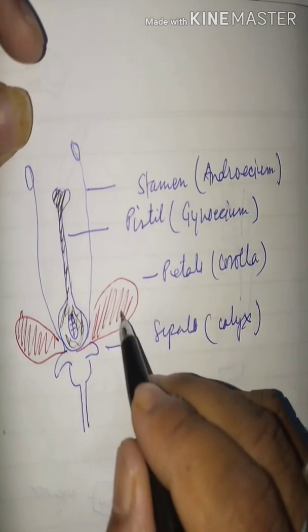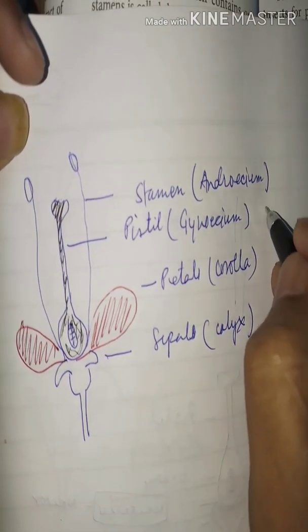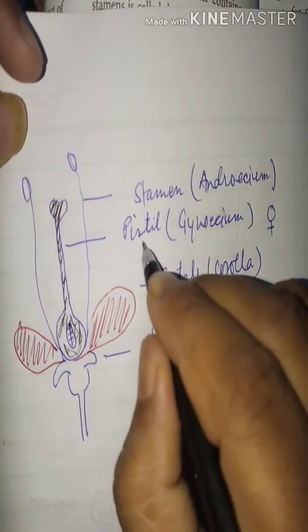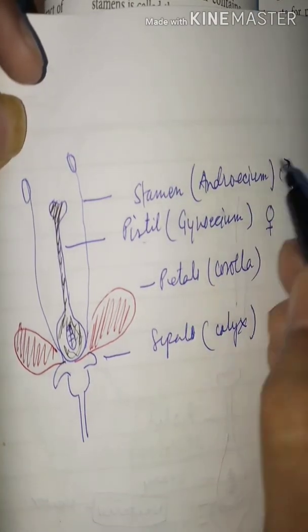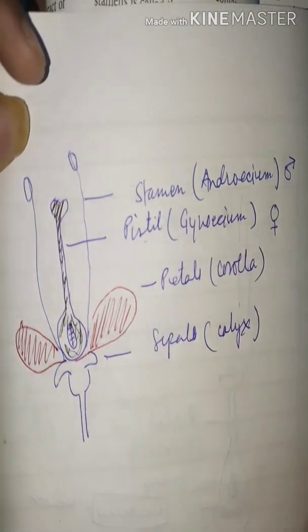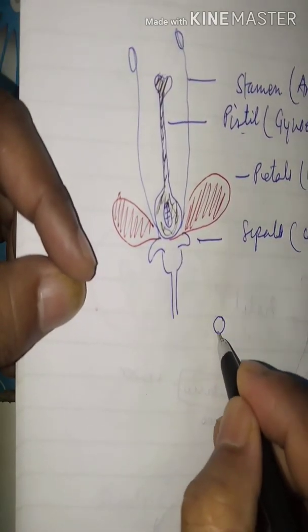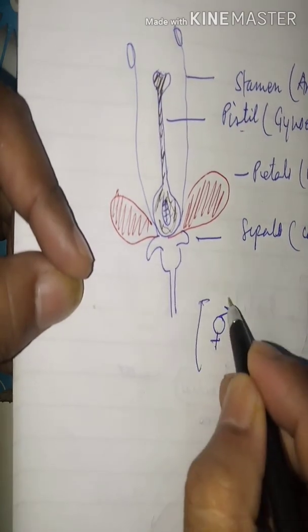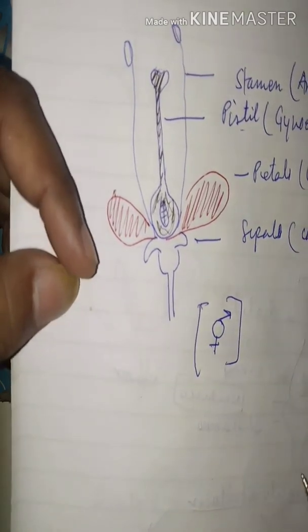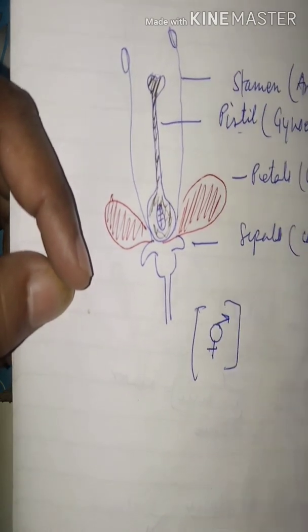Petals are colorful, collectively known as corolla. This is the female part known as pistil, collectively gynoecium. Stamen, male part, collectively known as androecium. So this is a bisexual flower, and this is the symbol of bisexual, carrying both the sexes, that is female as well as male.